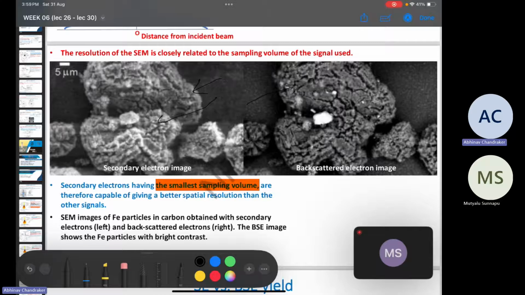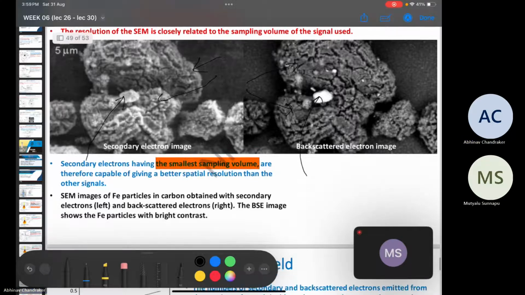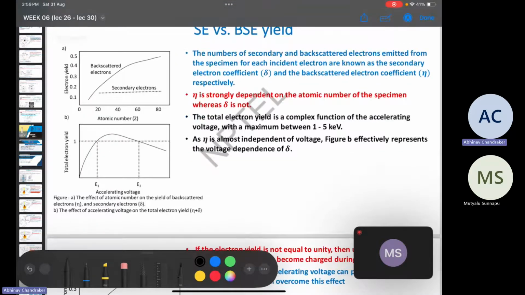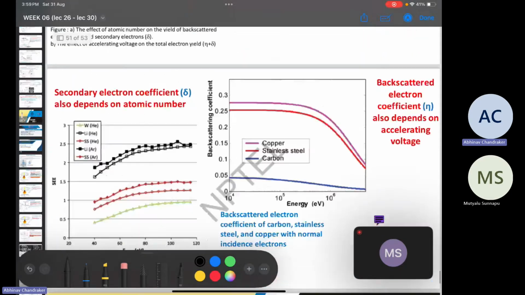While in case of BSE, we see more of a 2D image and not a 3D image. But in BSE, we can see the contrast due to atomic numbers very clearly, which can't be seen in the case of secondary electron imaging. If there are any doubts you have, you can let me know.